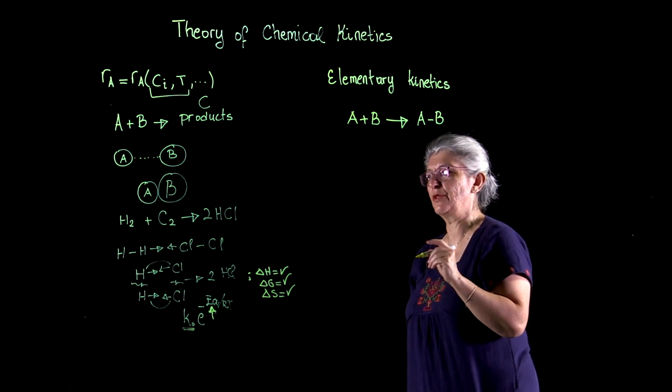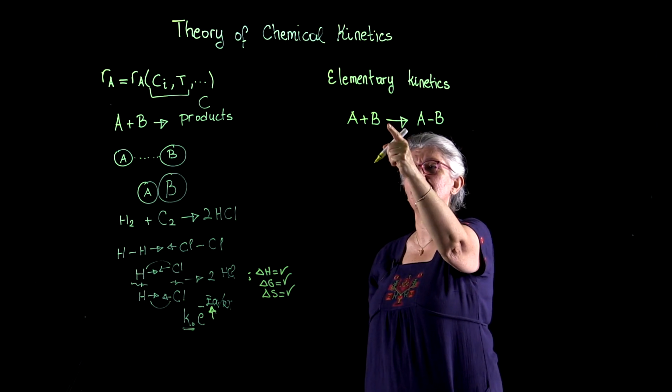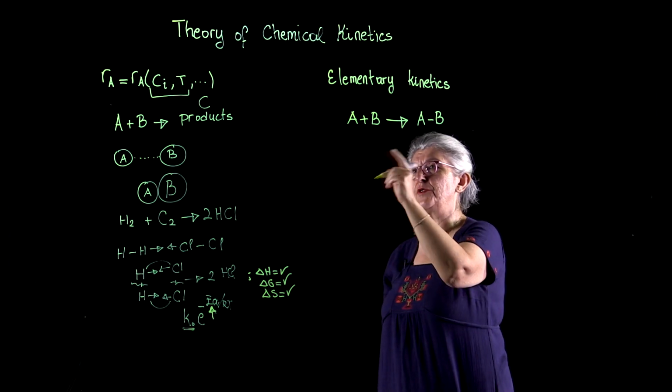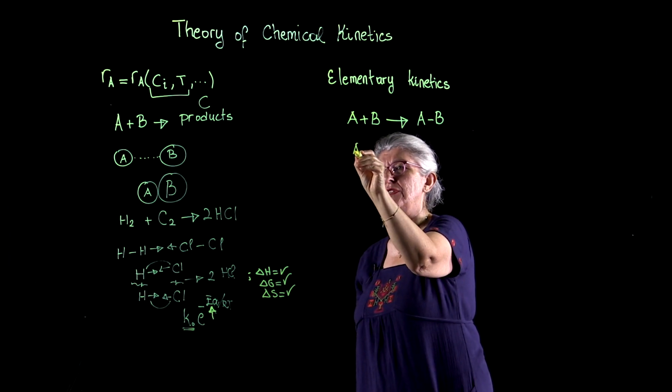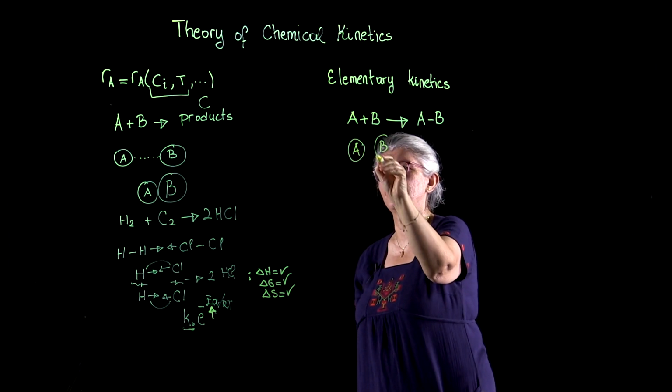In other words, we can relate the rate of formation of the AB molecule to the frequency of the collision of A molecule with the B molecule.